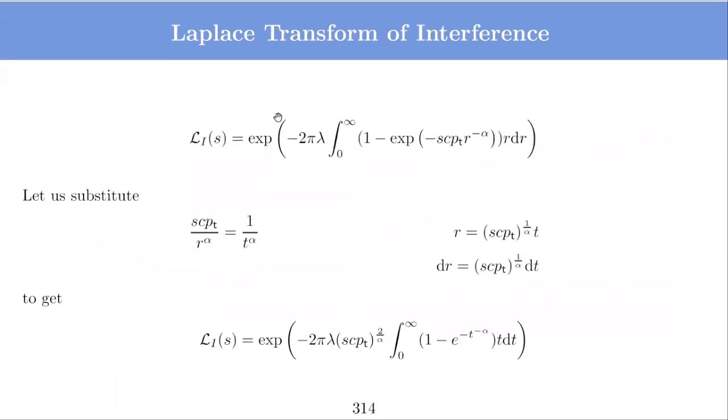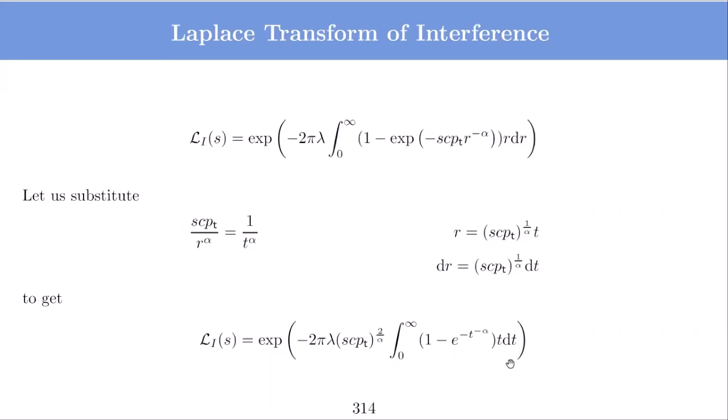So let us look back to this integration once again. To further solve it, I will first try to get rid of all these coefficients. So I will do a substitution: scpt r minus alpha is equal to t minus alpha. And because of that, dr would be this thing. Once you solve it, all these coefficients will come outside, and you will have 1 minus e to the power minus t alpha dt.